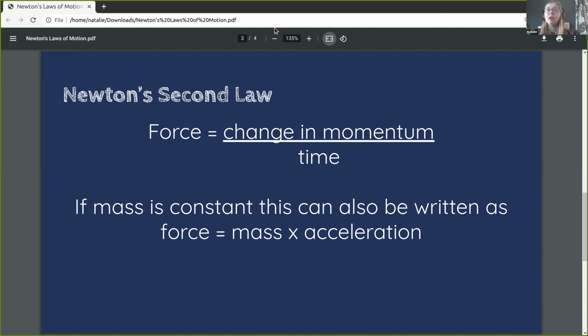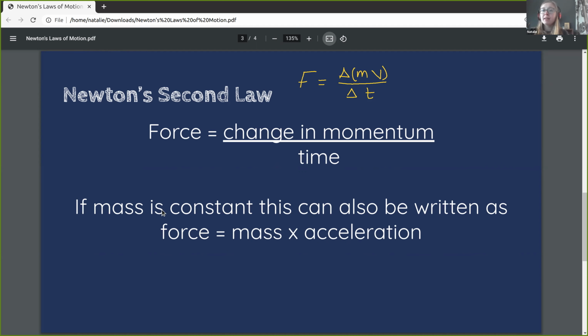Now, we're going to have a look at what exactly this means and how we can turn this into force equals mass times acceleration. And you probably don't need to know totally how this works, but it's always good to understand how to connect one to the other. So I can write that my force is equal to my change in momentum, and momentum is mass times velocity, over the change in time.